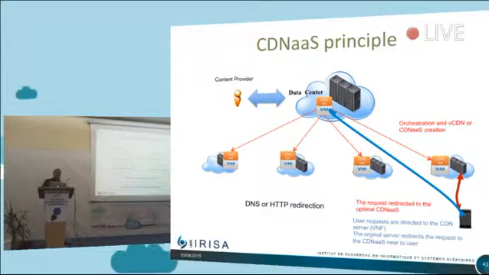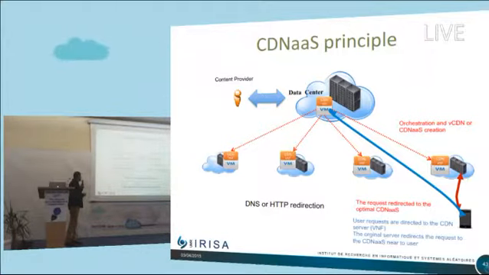Now, if we take a look at the orchestration system, how this system could be implemented with NFV: we can provide some REST API for the CDN service orchestrator.